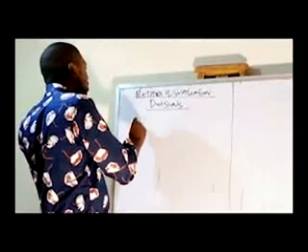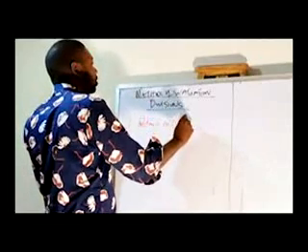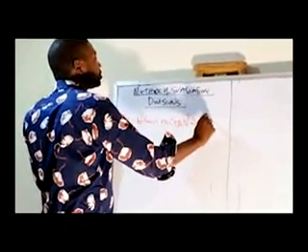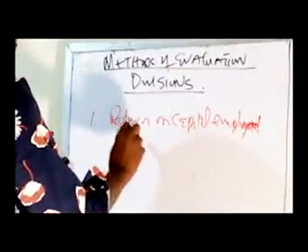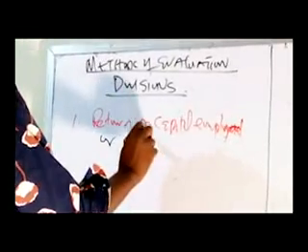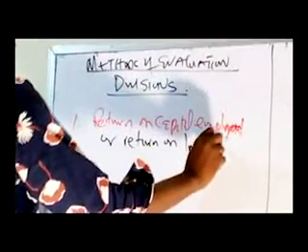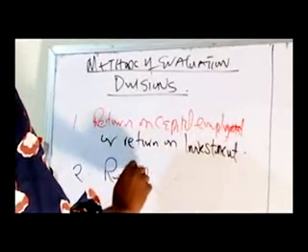We can use what they call return on capital employed, or you call it return on investment. The second one is called residual income.